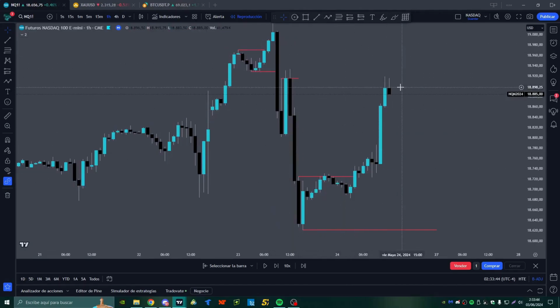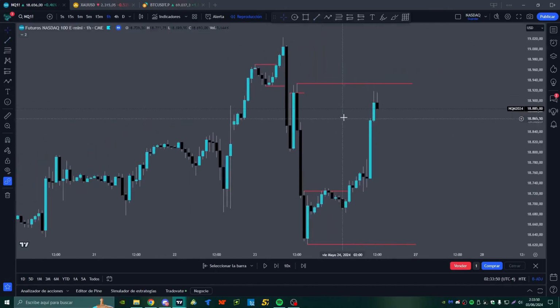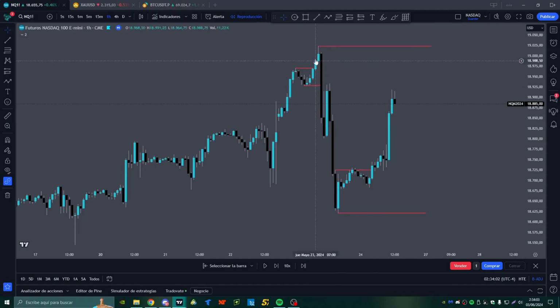So, if the price takes out this high, I still don't change the structure, because the one that has to be taken out is this one. So, at this point, what do I have? I have my last peak protected in a downtrend, and my low validated by this pullback.